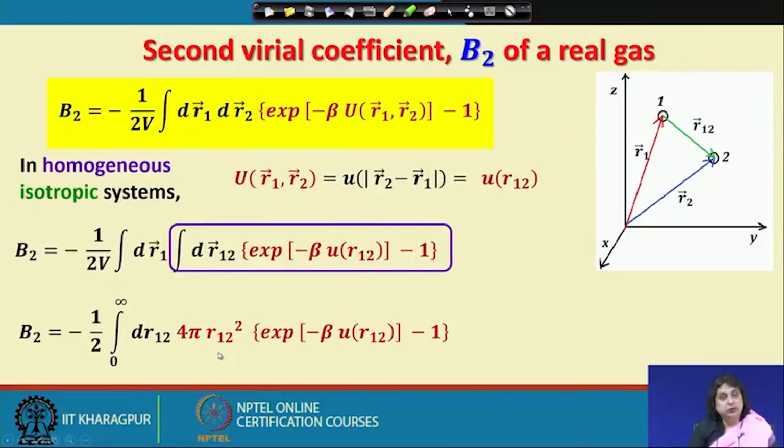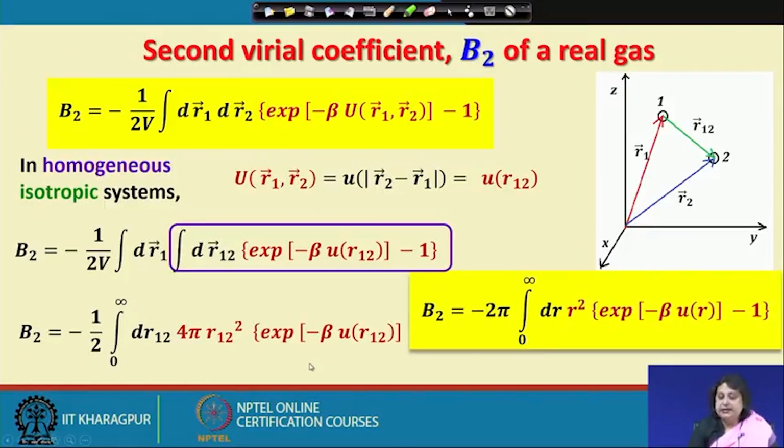Obviously, this index 12 can be dropped, and I can very easily write down that this is a simplified and usable expression for the second virial coefficient of the real gas.